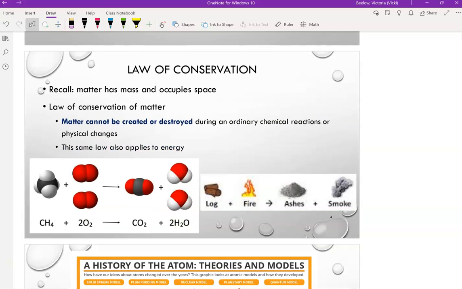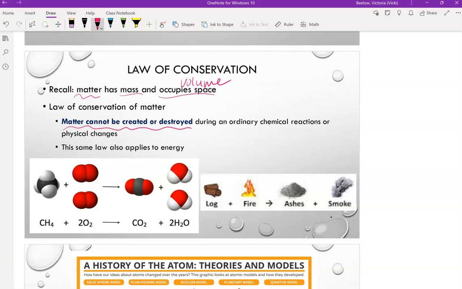All right, so recall the law of conservation. So remember that matter and energy cannot be created or destroyed, okay? And when we're talking about matter, that's anything that has mass and occupies space, or it has volume. So it's made up of atoms.